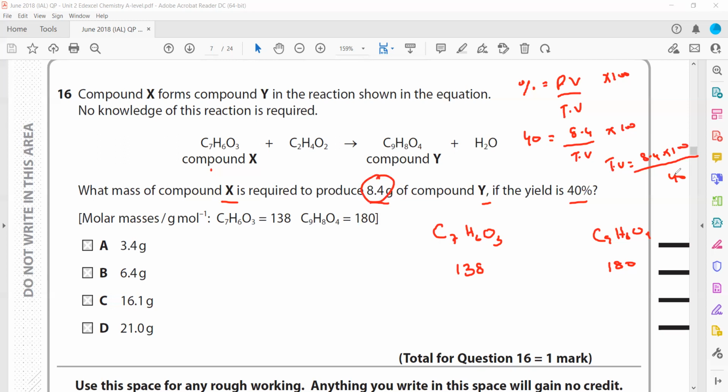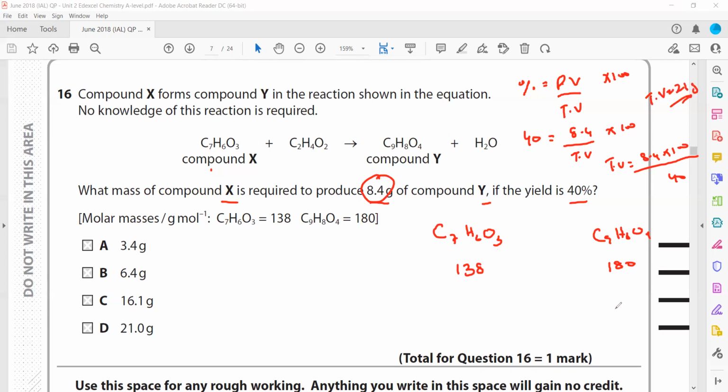That will give us theoretically how much product should be there. And from the theoretical product, we'll find the total reactant. So 8.4 times 100, divided by 40. So theoretically, we should have 21 grams of a product.